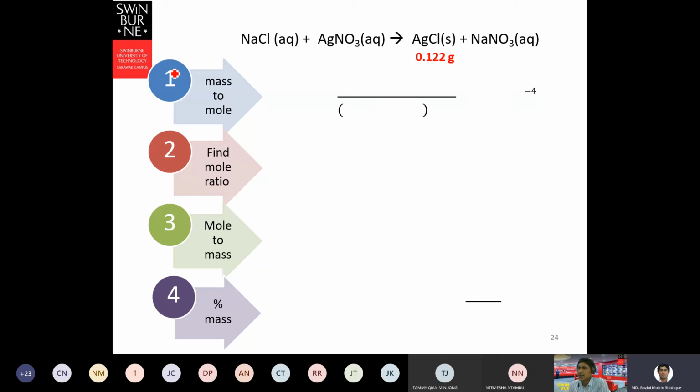So here we see number of moles 1, 1, 1. We are lucky that everything is 1, 1, 1. We don't need to balance it, the reaction is already balanced. So 1 mole of silver chloride is produced from 1 mole of silver nitrate or 1 mole of sodium chloride.